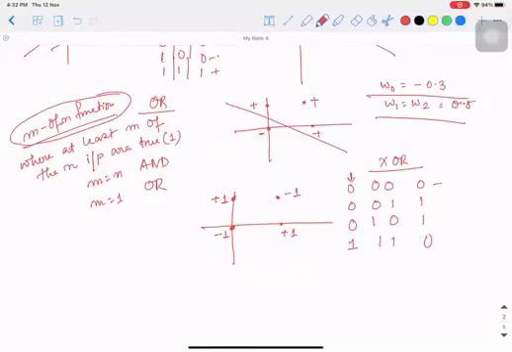Do you want me to look at it? So 3D space is difficult to look at, but still let's try. Say x y z: 0 0 0 minus, 0 0 1 plus, 0 1 0 plus, 1 1 1 plus.